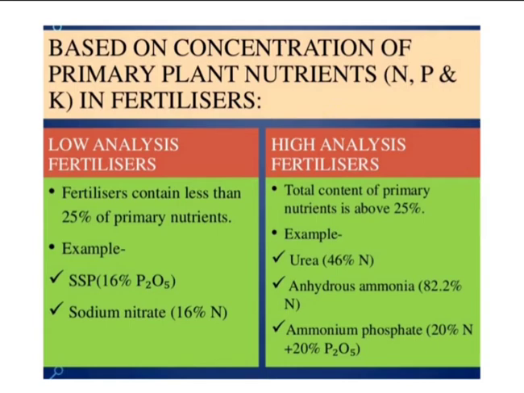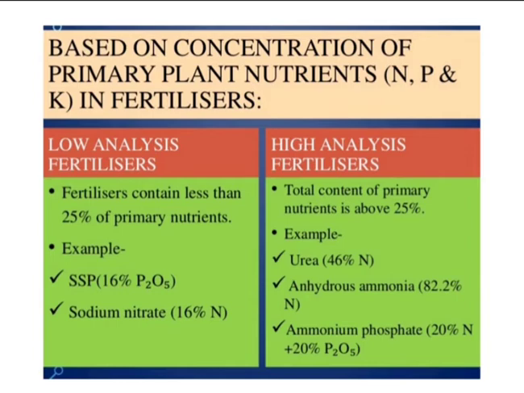The low analysis fertilizers contain less than 25% of the primary nutrients NPK. An example is SSP, which contains 16% P2O5. The next example of a low analysis fertilizer is sodium nitrate, in which 16% nitrogen is present. So this is a low analysis fertilizer, that means a fertilizer which contains less than 25% of the primary nutrients.